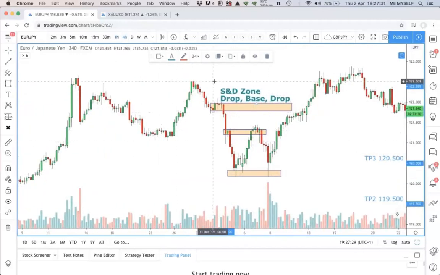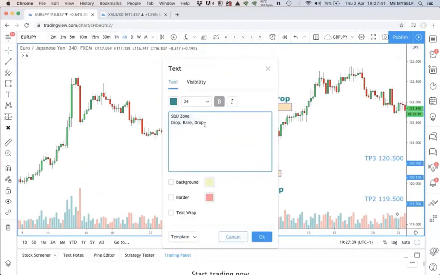So this one is called a drop, a base, and a rally, R-A-L-L-Y. Okay.